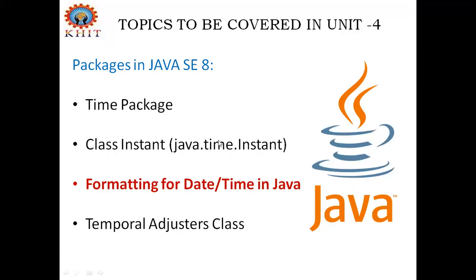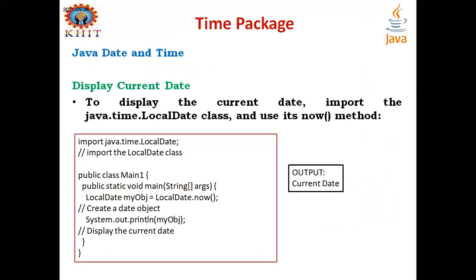Next one, formatting for date and time in Java. Coming to Java date and time with respect to the java.time package, display the current date. To display the current date, import the java.time.LocalDate class and use its now method.